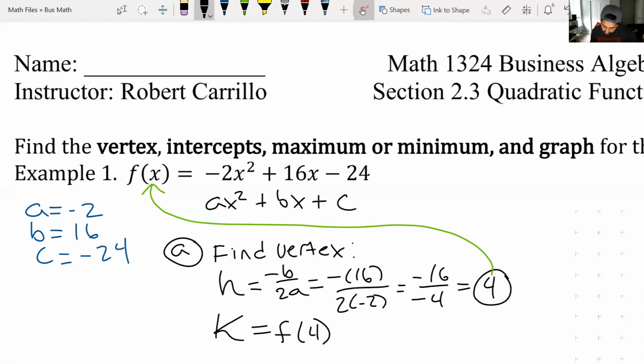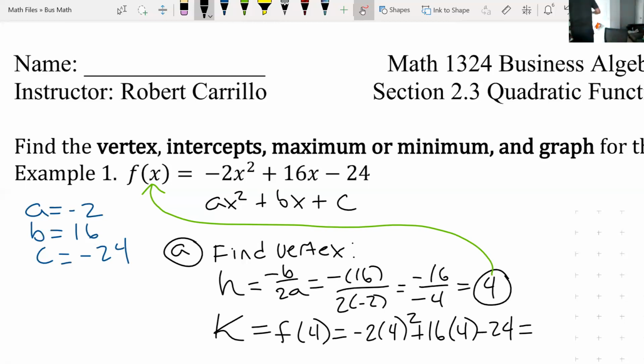So f of 4 equals negative 2 times 4 squared plus 16 times 4 minus 24. And I have a calculator with me. Let me turn my light on. Negative 2 times 4 squared plus 16 times 4 minus 24. We get 8.